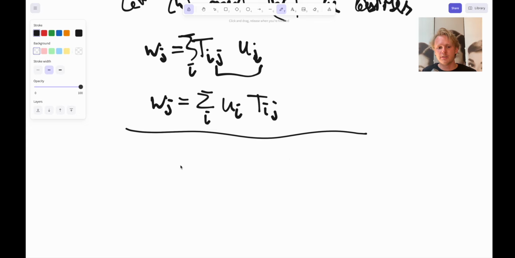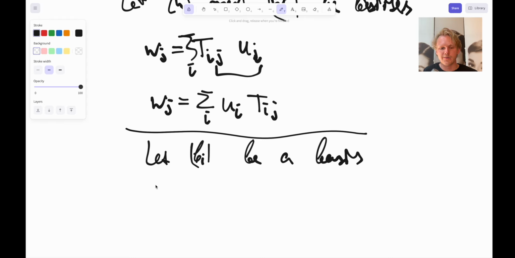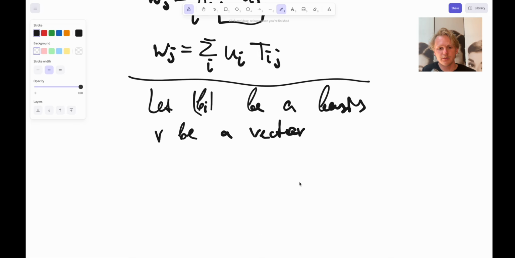Let B be a basis, and V be a vector in the same space where we have our basis.